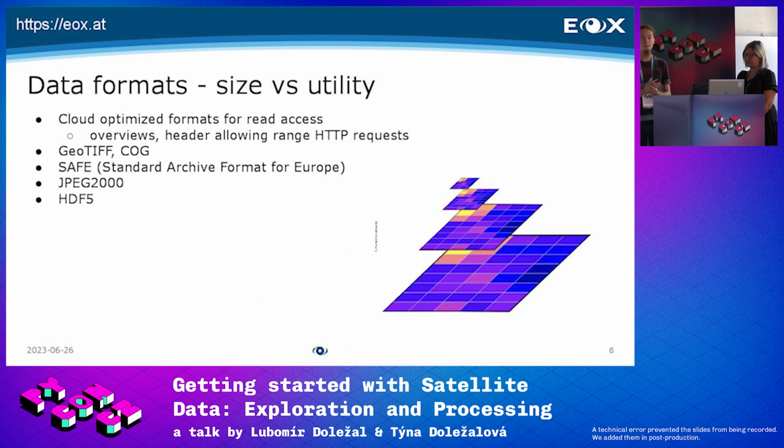What is important are the data themselves. Those are the ones that you are usually interested in, and these are hidden in the assets of the item. And you can see that there are multiple assets here in this product, and those are per band files that are connected. So I, for example, am interested in the red, green, blue band, or here I just printed how a single green band information looks like.